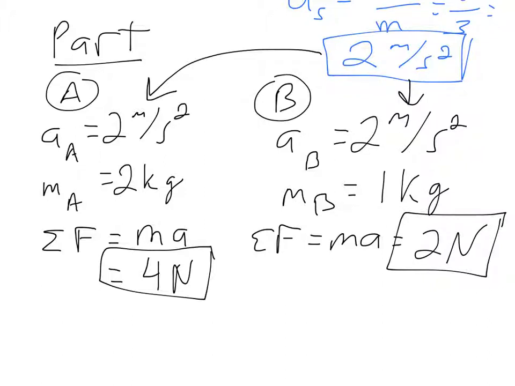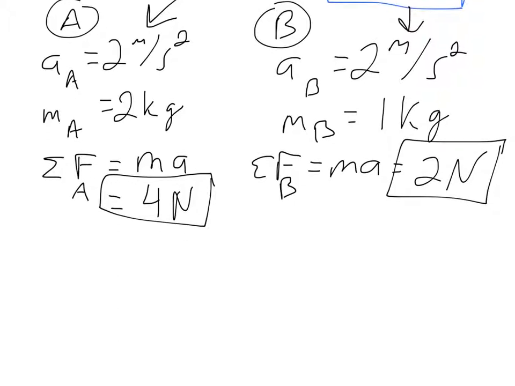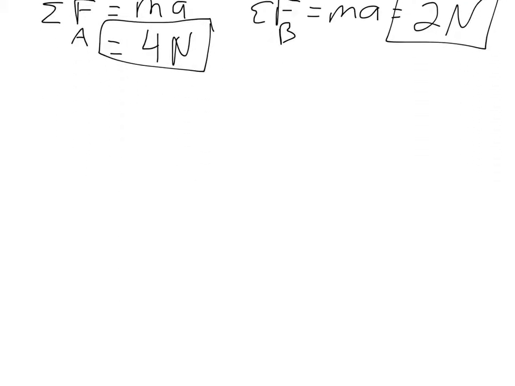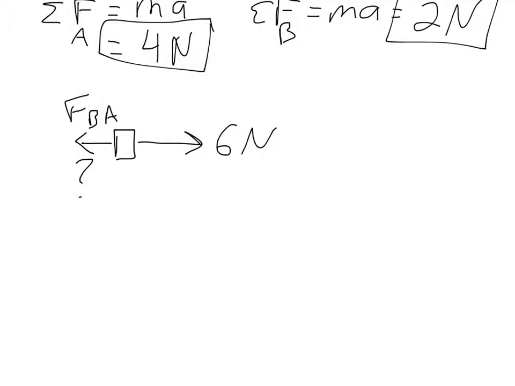Now this tells us the net force on A and the net force on B, but my question was, what is the force between A and B? So to figure that out, we need to now look at the individual free body diagrams of the two boxes. Box A has a force of 6 newtons on it, and another force, the force of B pushing on A, that we don't know.